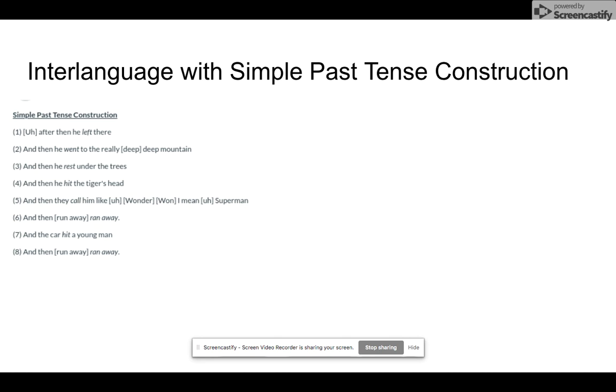These do not follow regular simple past tense formation, which is, of course, adding the ed morpheme to the base verb. And then in 3, 5, and 7, my participant followed the pattern observed in present tense sentences of not doing third person subject verb agreement.